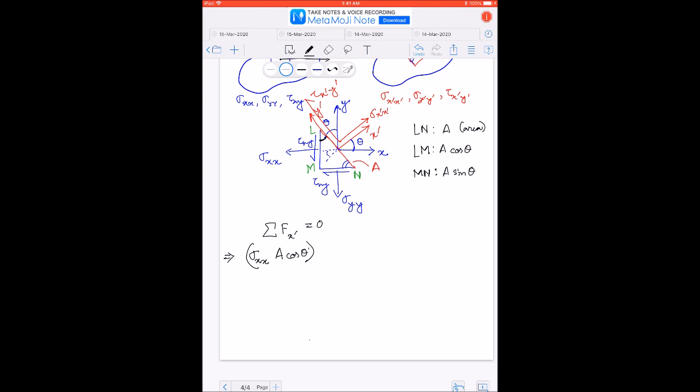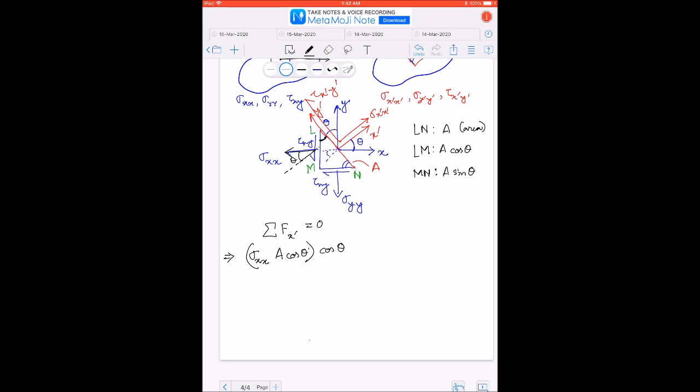Noting that this particular force is making an angle theta, and this is the line which is parallel to the x dash direction, we have to take a cos theta here.